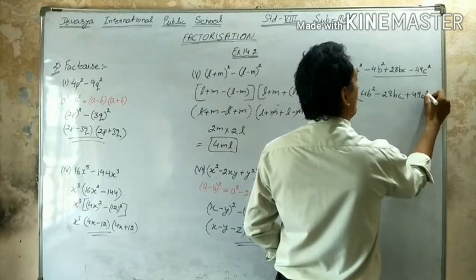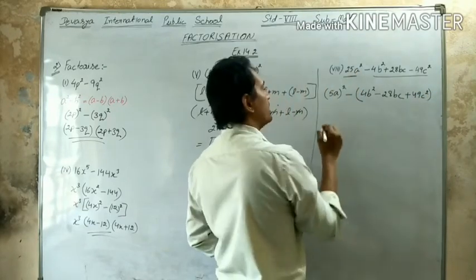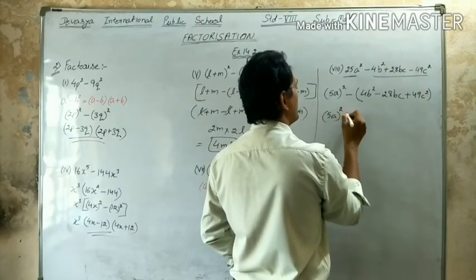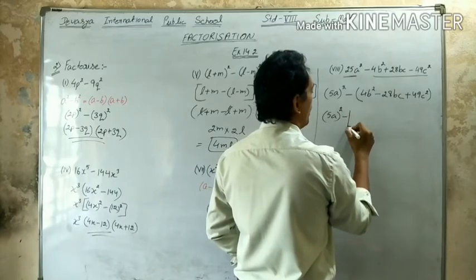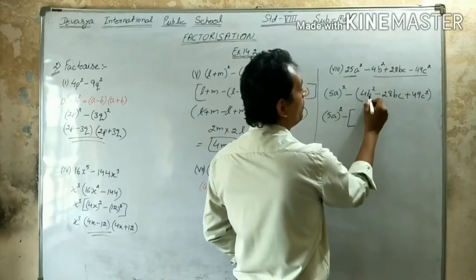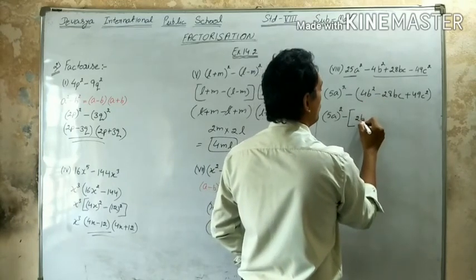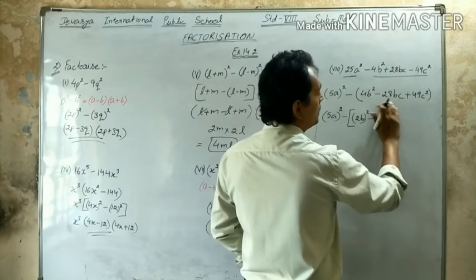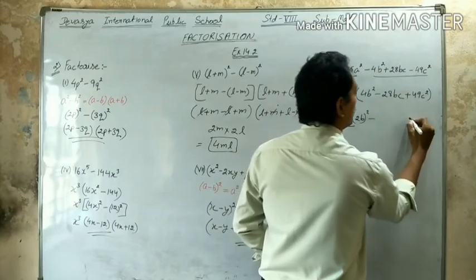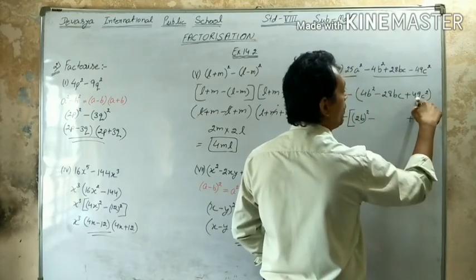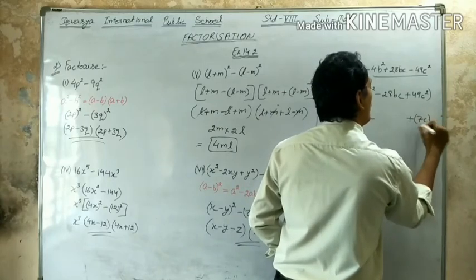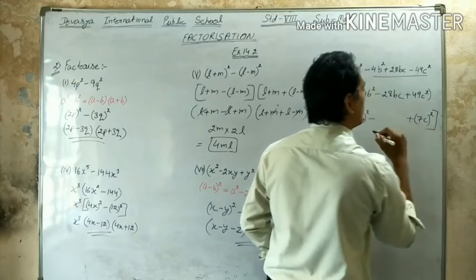We can modify this expression by writing it like this: 5a whole square remains as it is, minus, we put a square bracket, 4b square can be written as 2b whole square, minus, the middle term we will write later on. The last term is 49c square, which can be written as 7c whole square, bracket close.